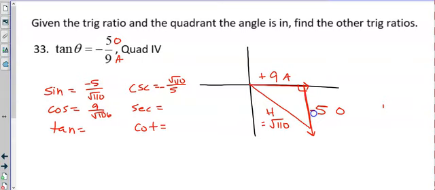I really need to just be done with this. Should have quit 2 problems ago. Alright, this guy's going to be square root of 106 over 9. Tangent. That one I should be able to get right. We already have it. Negative 5/9. Cotangent. Flip-flop it. Okay, I'm done.